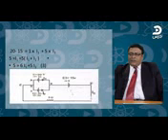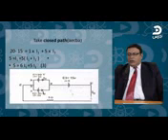So 20 minus 15 equals 5 equals I1 plus 5 (I1 plus I2), so the final result: 5 equals 6 I1 plus 5 I2.